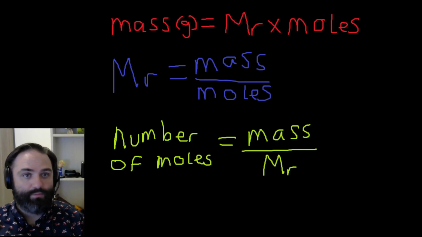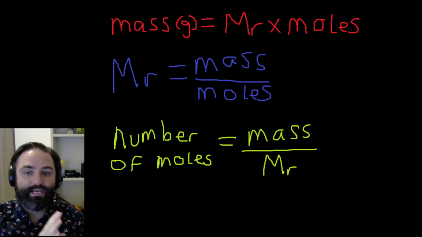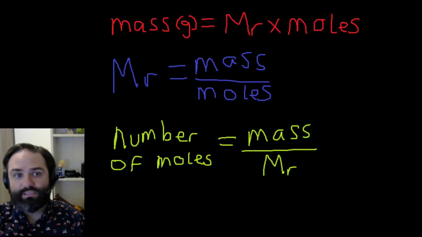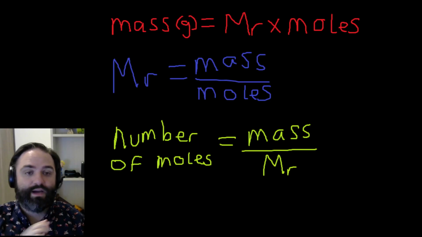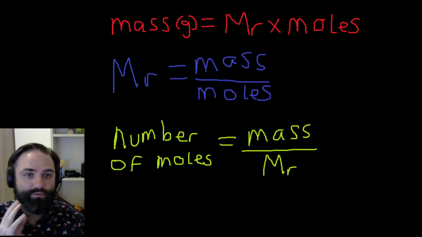If you want to find the number of moles of something, then that is going to be the mass in grams divided by the relative molecular mass. If you want to find the relative molecular mass, you will use the mass in grams divided by the number of moles.